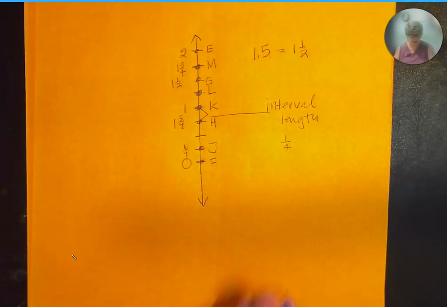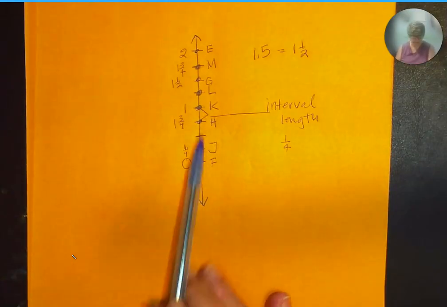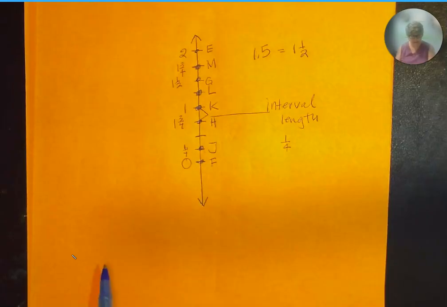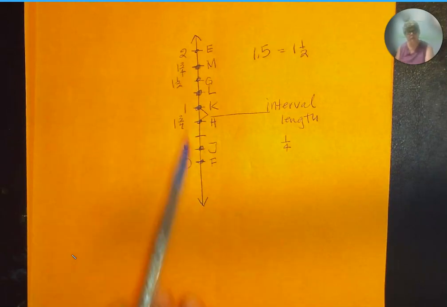Tick marks equally spaced, a tick mark at 0, interval length between tick marks, and labeling tick marks. We don't have to label every tick mark, but it sometimes helps you to see what the tick marks are, depending on your spacing, right? You might not have space to put every number in there, but you need to know the interval.